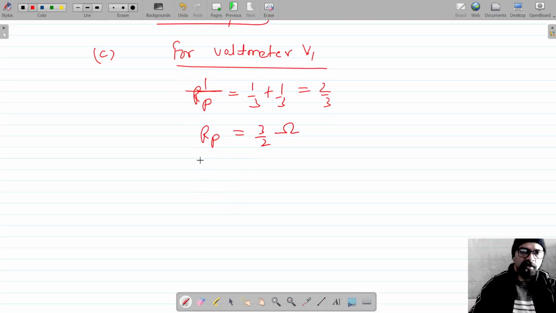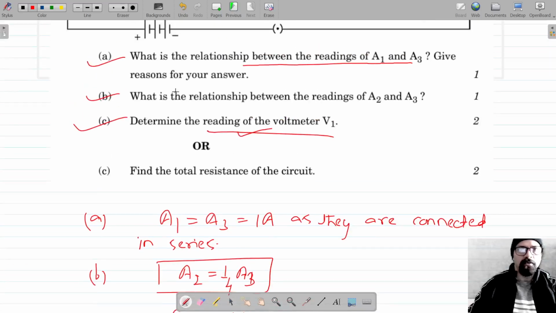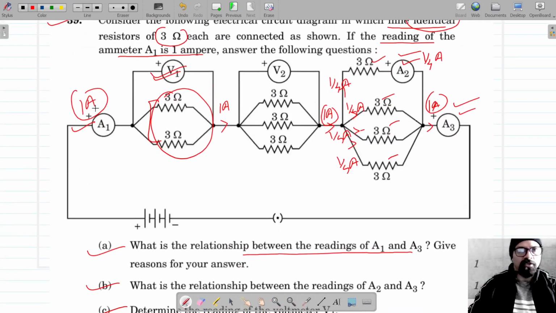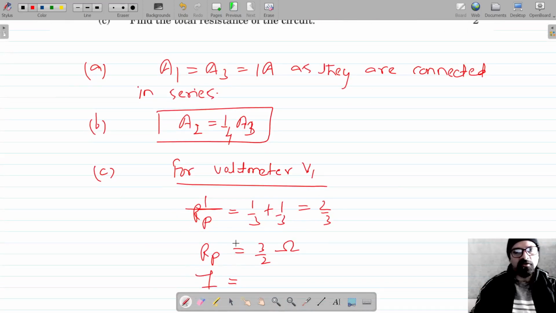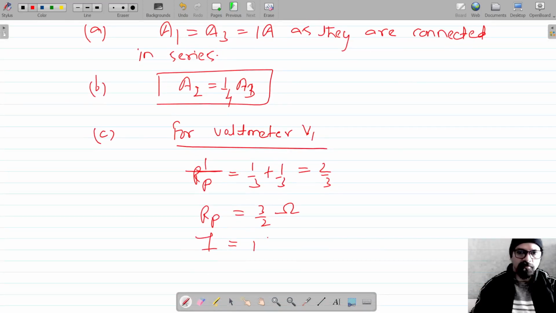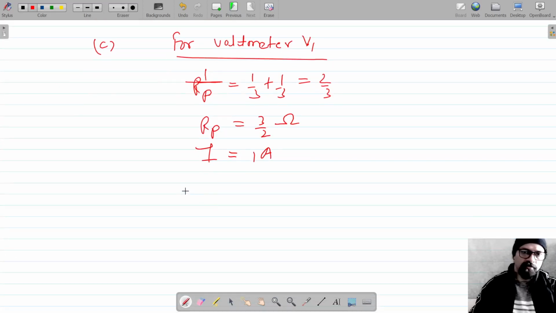So we have Rp and the current here. The current will be distributed equally, and it's coming out to be 1 ampere. So 1 ampere current is going through this combination, and we know that V is equal to IR.